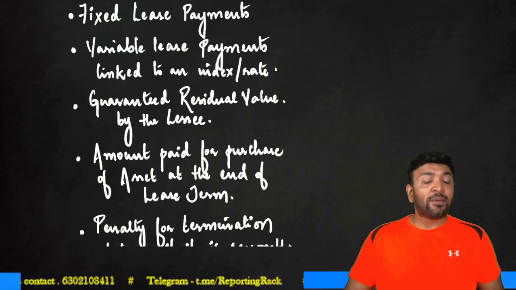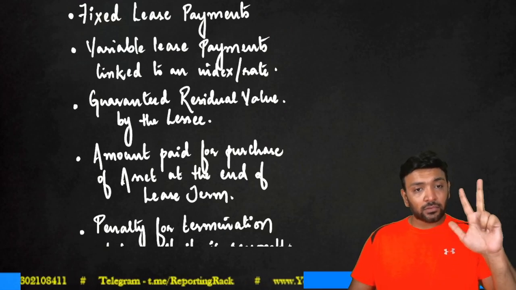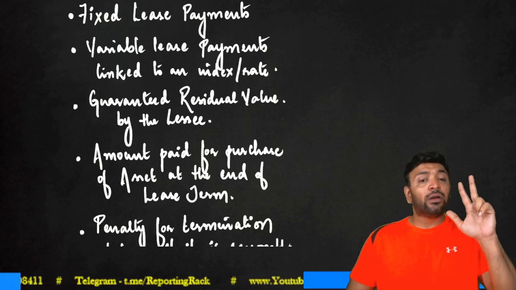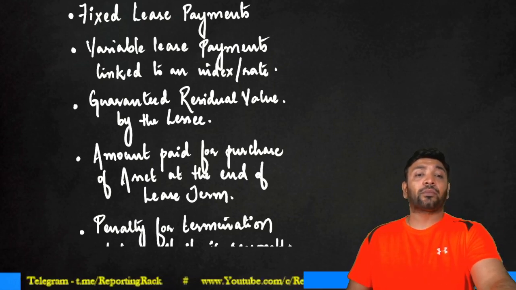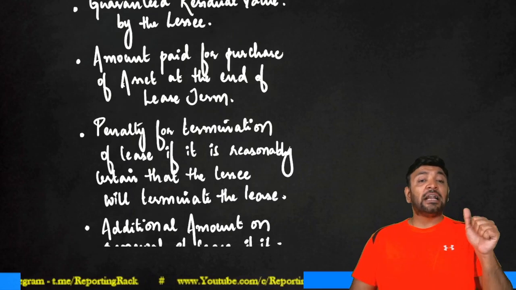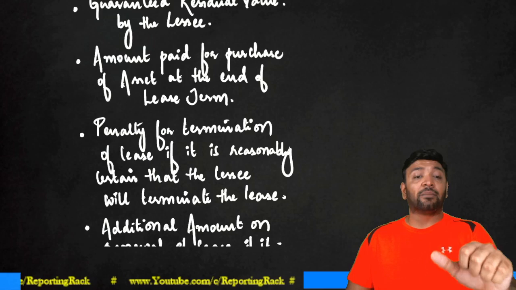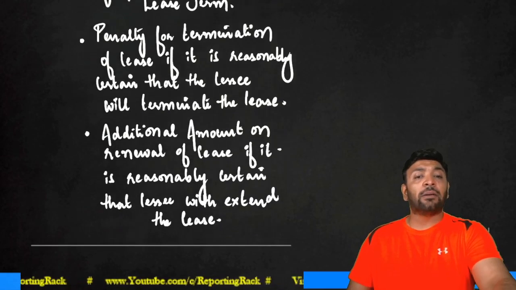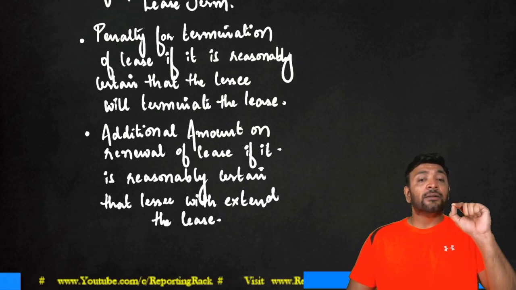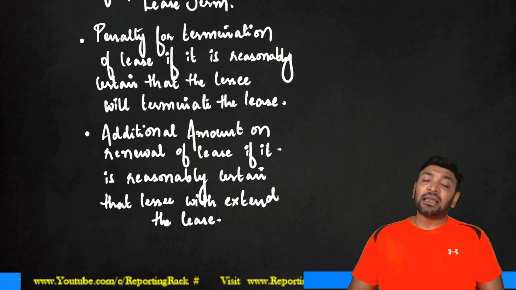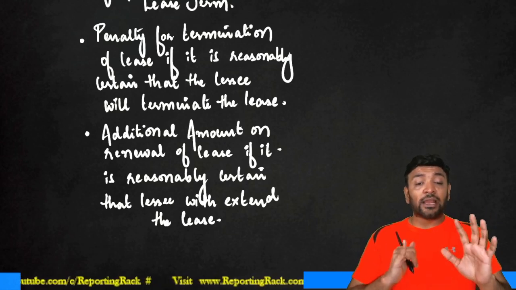I make fixed lease payments, variable lease payments which are linked to an index or a rate, a guaranteed residual value, or an amount paid for purchase of asset towards the end of the lease term, any penalty paid for termination of lease if it is reasonably certain that the lessee will terminate the lease, or an additional amount which is supposed to be paid by the lessee upon renewal of lease if it is reasonably certain that the lessee will extend the lease term. These are 6 points to be included.